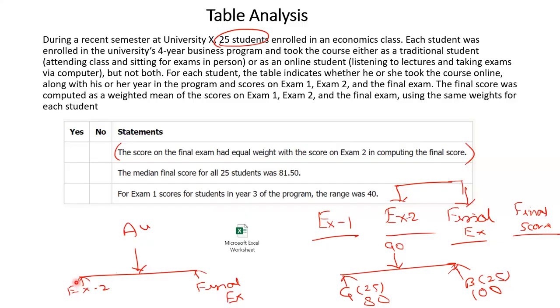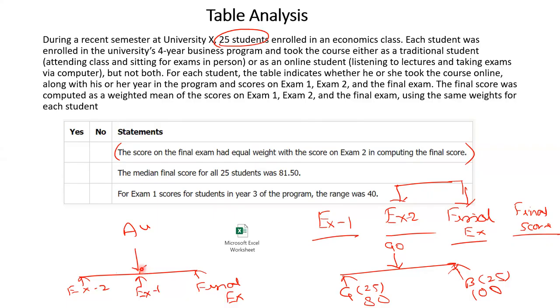For this person, if this person's exam 1 score is also equal to this person's average score in these two exams, then do you agree that this person's final exam score would also be this?